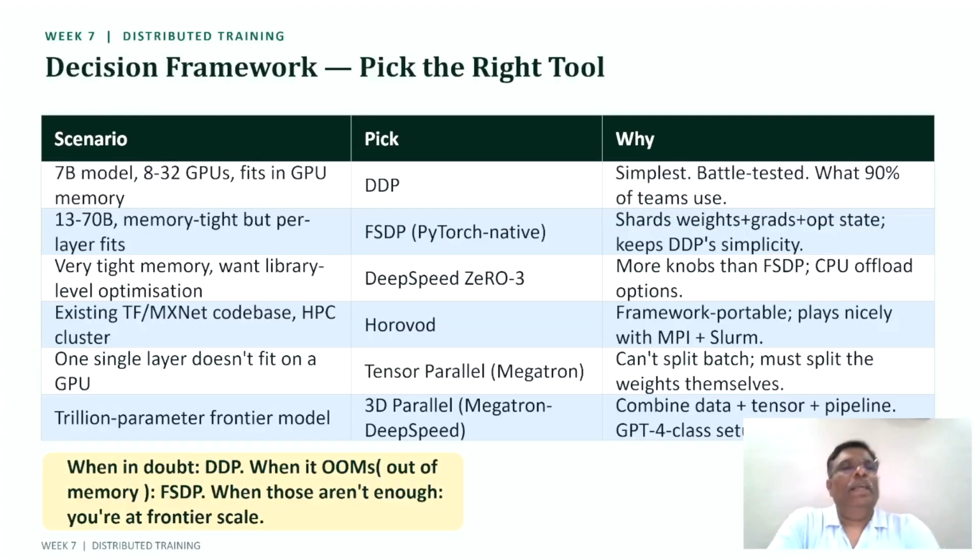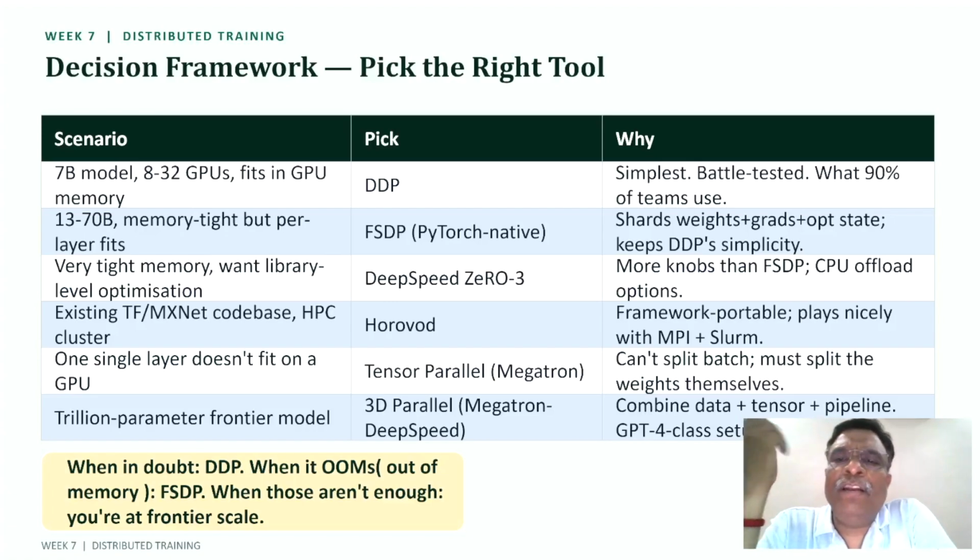The way Horovod does things is a bit similar to what DDP does. Now, if a decision has to be made about choosing the right tool: for a 7B model on 8 to 32 GPUs that fits in GPU memory, we go for DDP. It's simplest, what 90% of teams generally use. If it's 13 to 70 billion parameters, memory tight but per-layer fits, it is FSDP, which shards weights plus grads plus optimizer state, and it keeps the DDP simple.